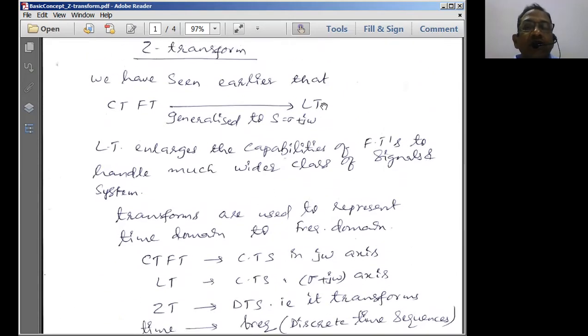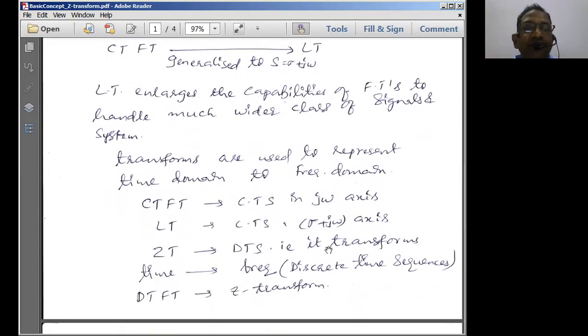So what is the Laplace transform really doing? It simply provides more features than the continuous time Fourier transform. Therefore, the Laplace transforms enlarge the capabilities of the Fourier transforms to handle a much wider class of signals and systems.